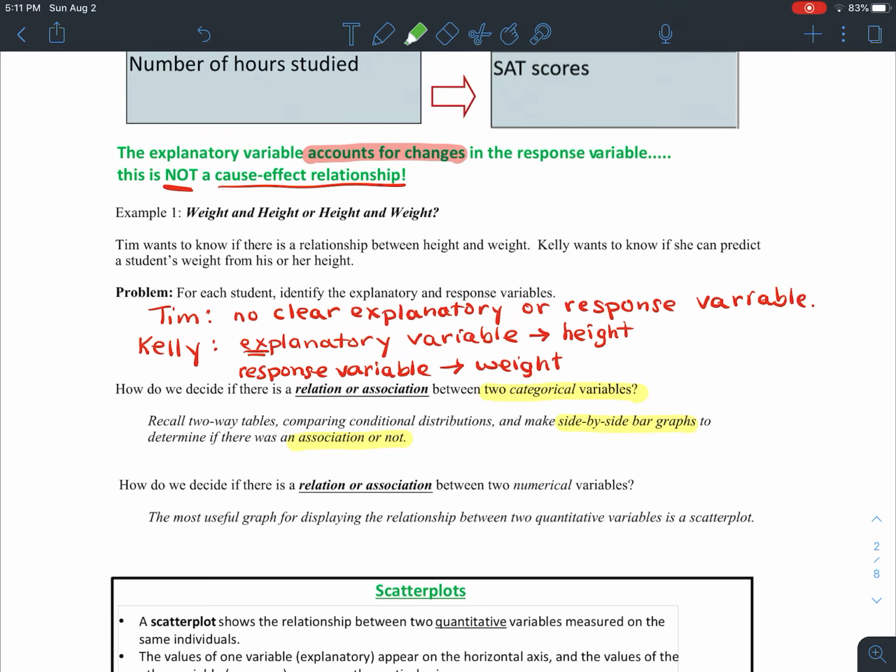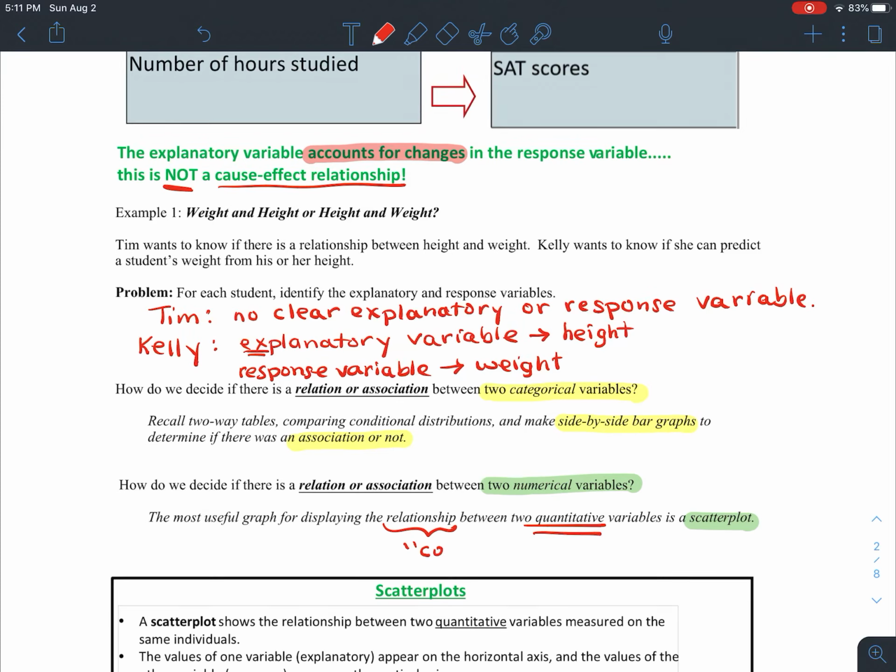In this chapter, we are going to be focusing on trying to decide if there is any type of relationship between two numerical variables. So how we do this when both variables are quantitative is we need to display the relationship between two quantitative variables using what's called a scatter plot.